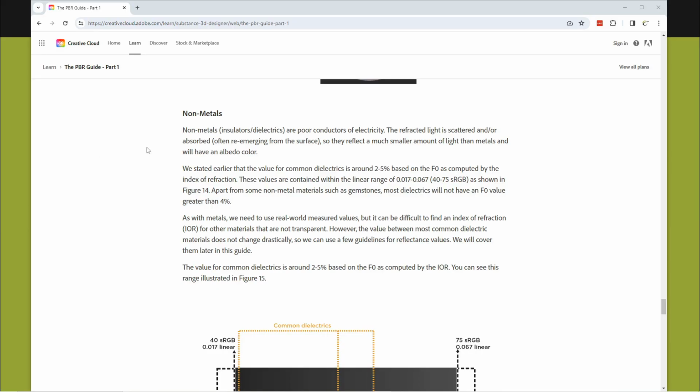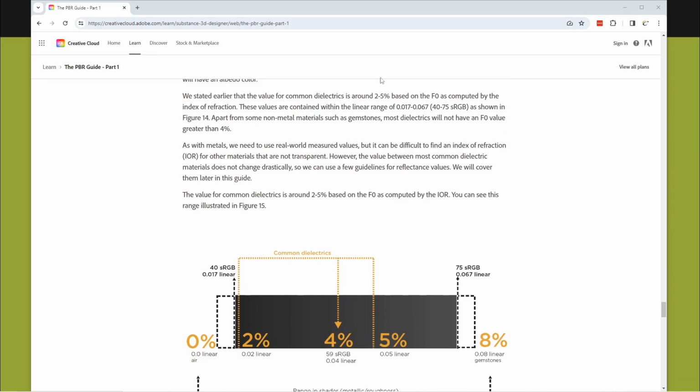Nonmetals, or insulators or dielectrics, are poor conductors of electricity. The refracted light is scattered and/or absorbed, often re-emerging from the surface. So they reflect a much smaller amount of light than metals do and will have an albedo color, a color based on that refracted light that gets re-emitted. Common dielectrics have a 2 to 5% F0.